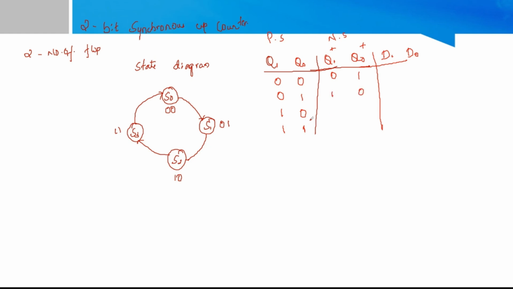If present state is 1 0, what will be the next state? 1 1. If present state is 1 1, what will be the next state? 0 0.